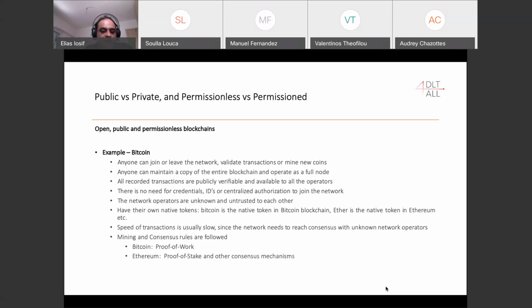And a few words about consensus. Bitcoin uses proof of work, and Ethereum is trying to migrate from proof of work to proof of stake.